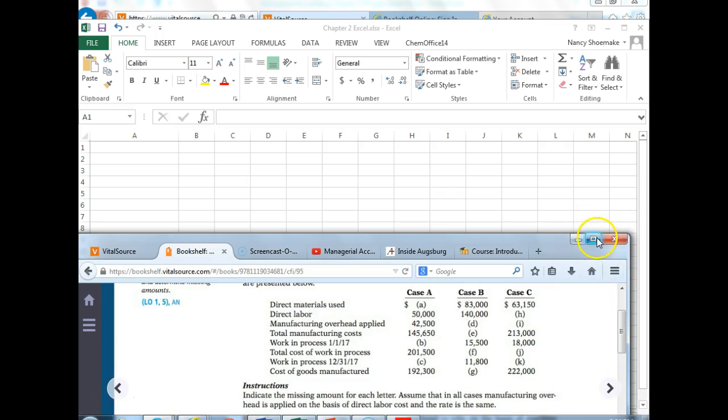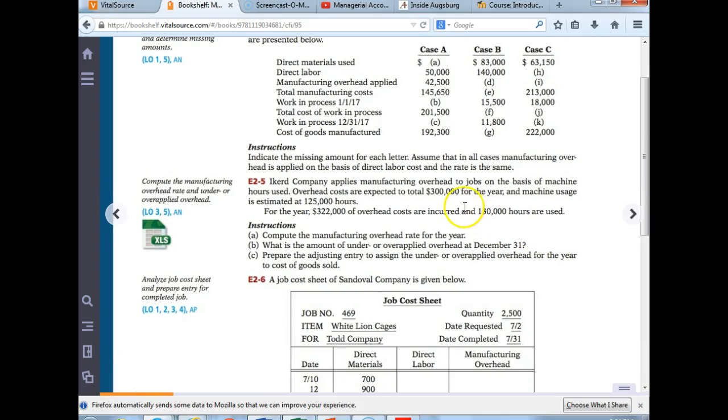Perfect. So that's how we're going to calculate it. So let's see here. Indicate the missing amount. Assume that in all cases manufacturing overhead is applied on the basis of direct labor cost and the rate is the same.